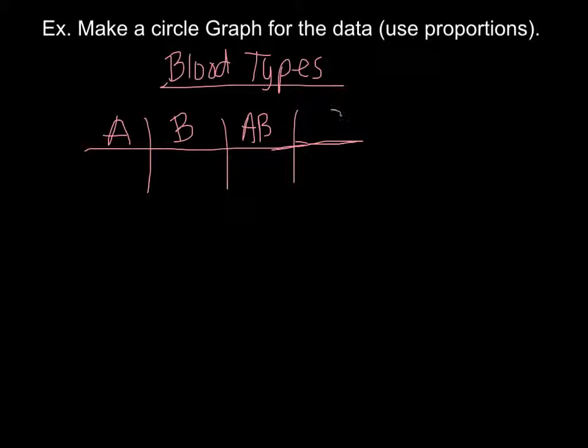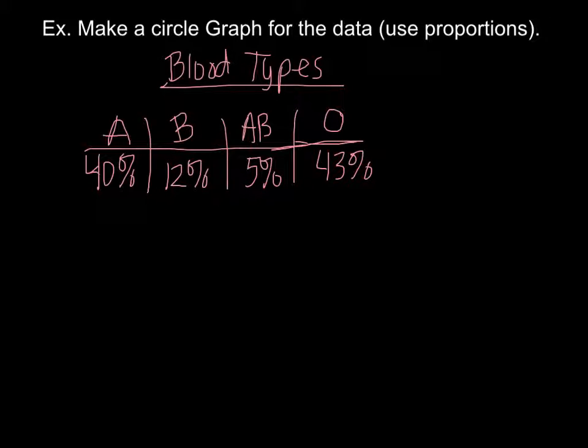And our last type is O. With each of these, there's positive and negative, but we won't talk about that. So 40% of people have A blood type, 12% have B blood type, 5% have AB blood type, and 43% have O blood type.